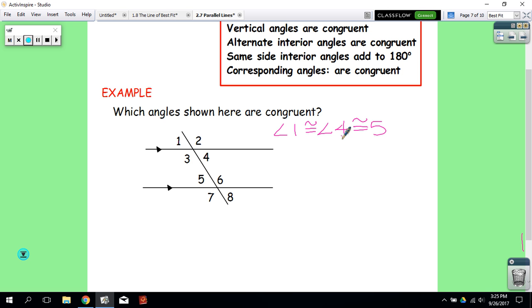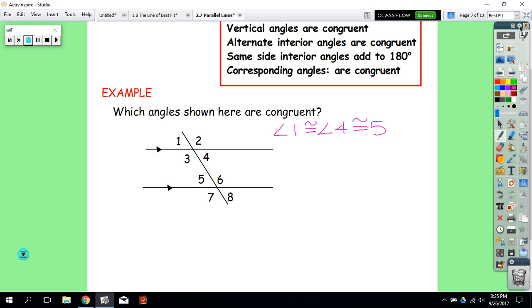And if 1 and 4 are congruent to each other and 1 is congruent to 5, it means that 4 is also congruent to 5 by the transitive property. I need my angle symbol in here. Angle 5. And we also know that 5 and 8 are vertical angles, and vertical angles are congruent, so we can also say that angle 8 is congruent. So angles 1, 4, 5, and 8 are all congruent to each other.